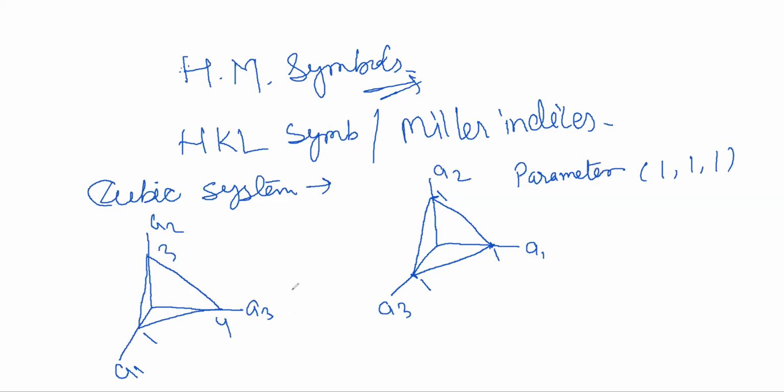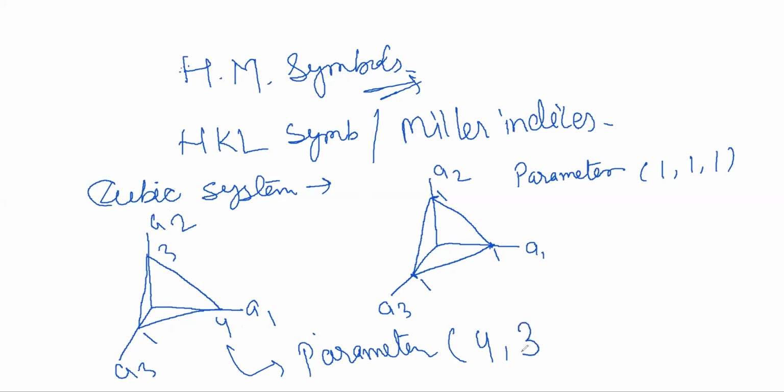Something like this if it is. A1, A2, A3. Suppose it is there. So the parameters will be, for this diagram, first we write A1, that is 4, A2 is 3, and then A3 is 1. So parameters are these, right?